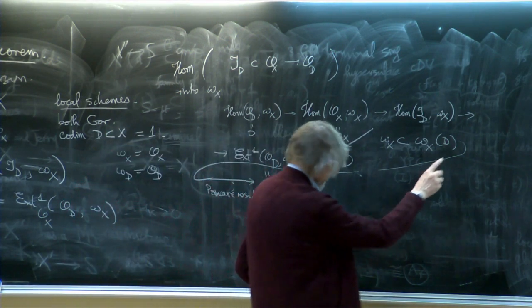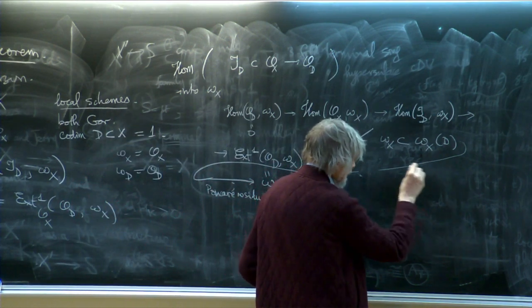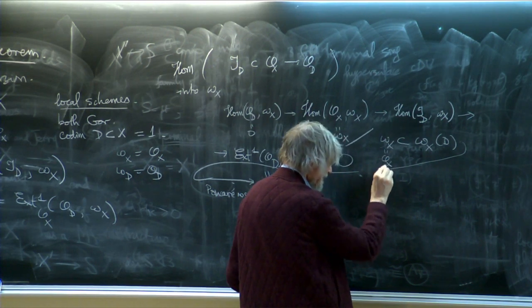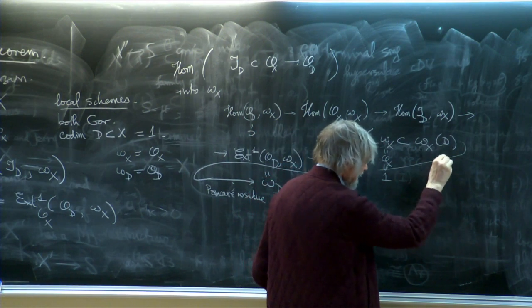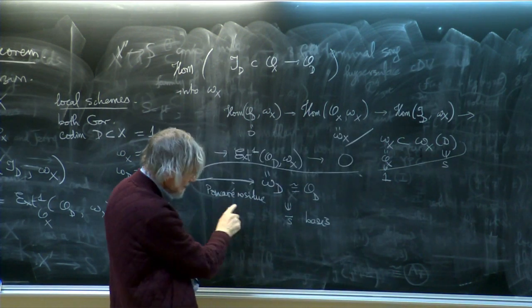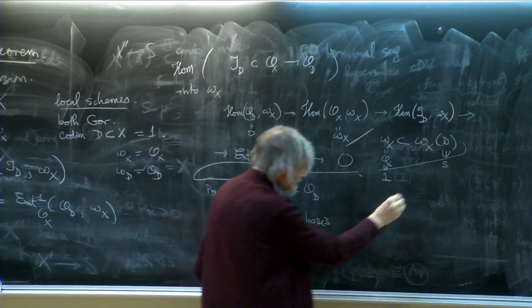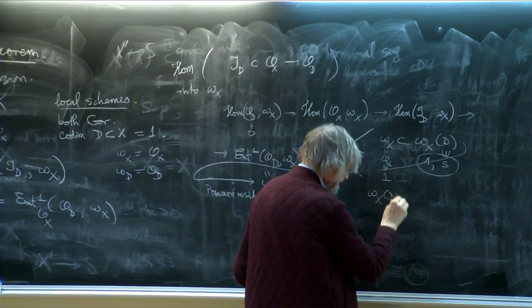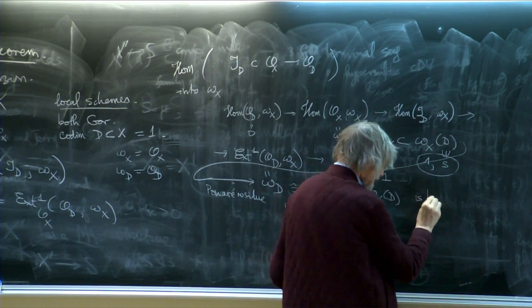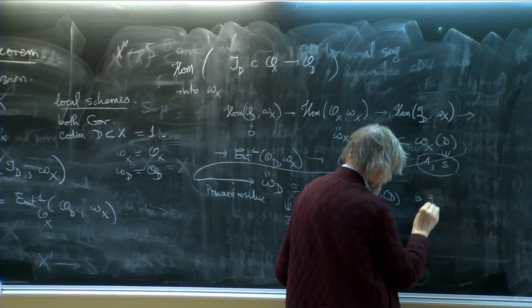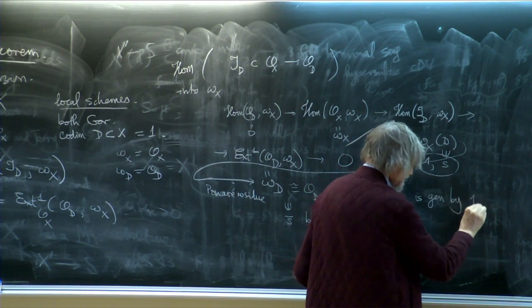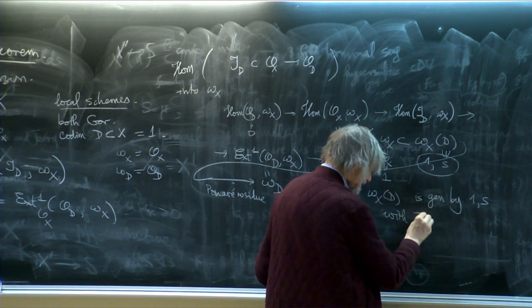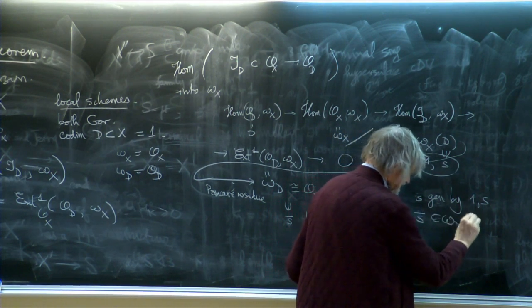And so this map is surjective, so this one is OX, so I can choose 1 in there, and then I've got S here that maps to S bar. So omega x of D is generated by 1 and S, with S bar in omega D a basis.